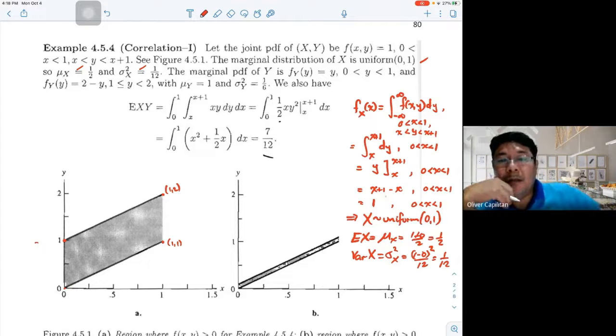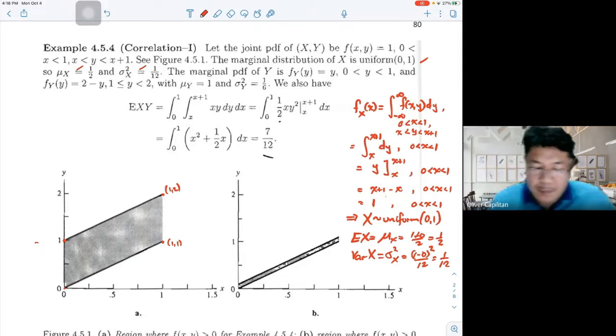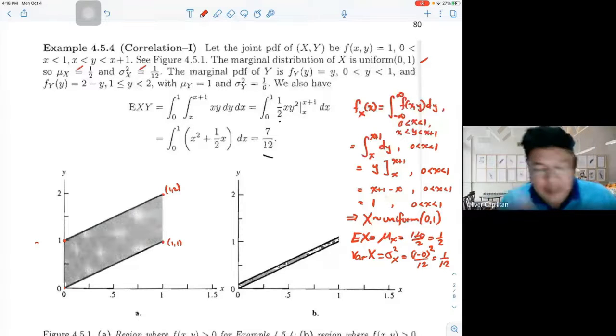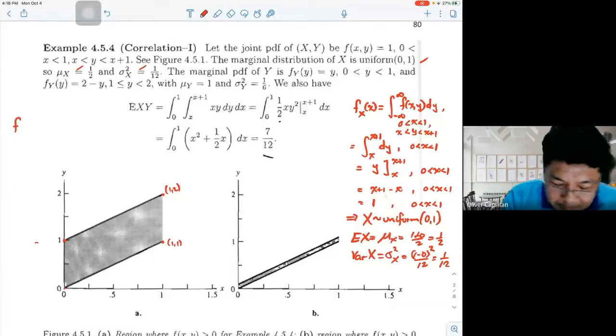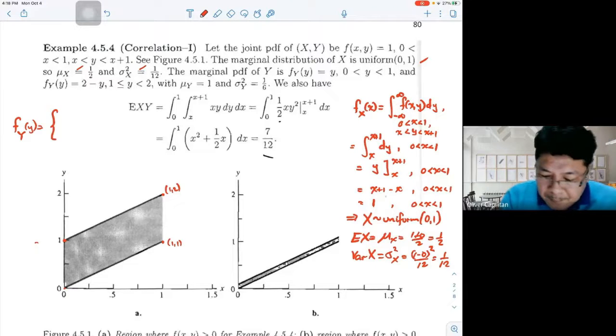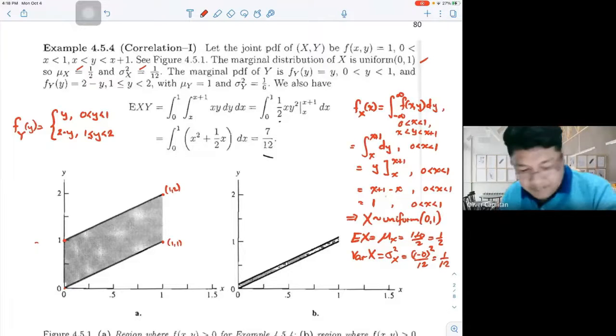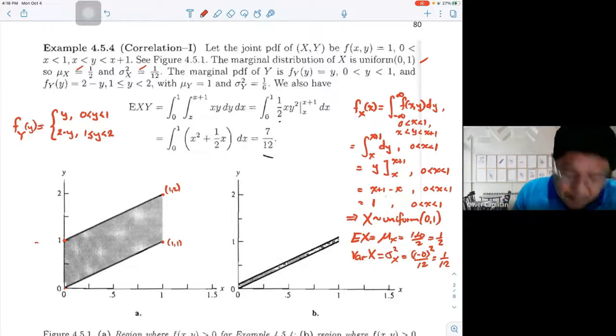What about the marginal PDF of y? For the marginal PDF of y, we have y for y between 0 and 1, and then 2 minus y for y between 1 and 2.